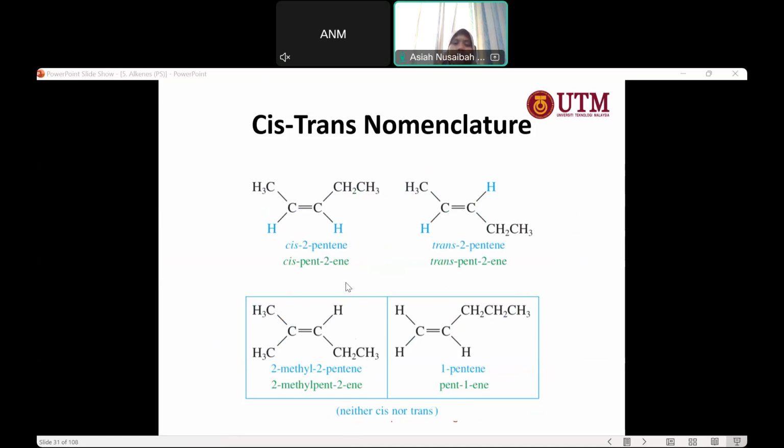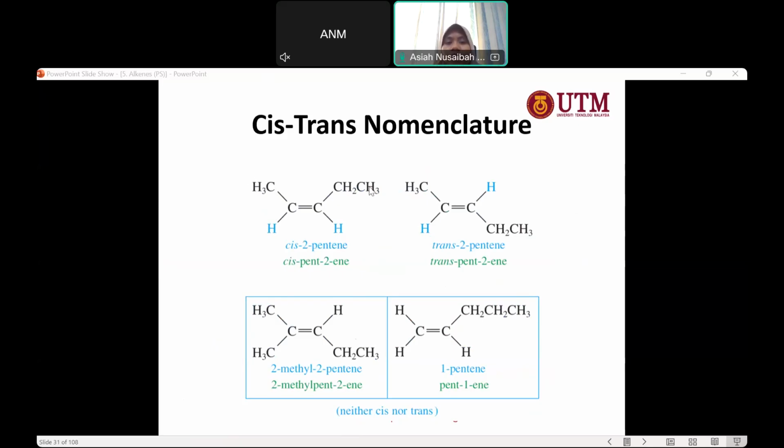Before this, the tip was, if the H, here we have an H and another H for the top left structure, if the H is on the same side, we call it cis. So in this case, cis-2-pentene. Okay, that's the tip. We see H and then the rest.